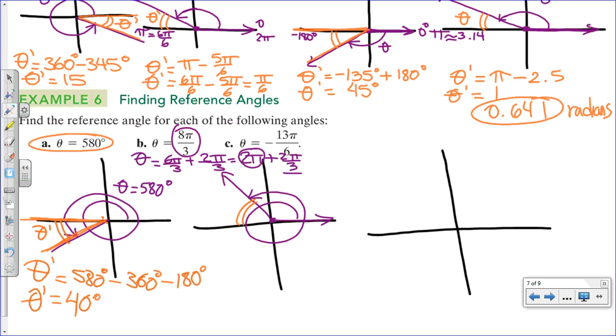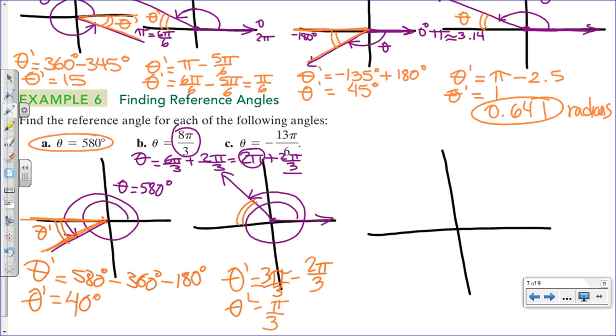I could figure it out by doing pi minus 2 pi over 3. How many thirds are in a whole? 3, so this is 3 pi over 3 minus 2 pi over 3, which is pi over 3. That's the reference angle.